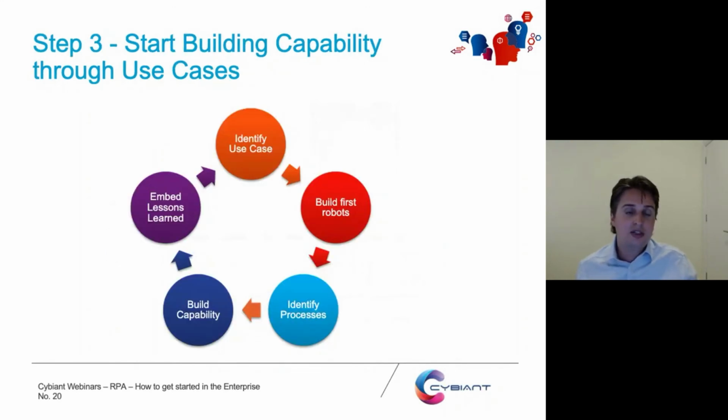In order to understand how to do that, you will need to start building capability. And with capability, we mean the technical as well as the human components that you would need in order to be successful with RPA. As we've seen with the first step, which is the identification of use cases, we then need to start moving towards the building of the first couple of robots.